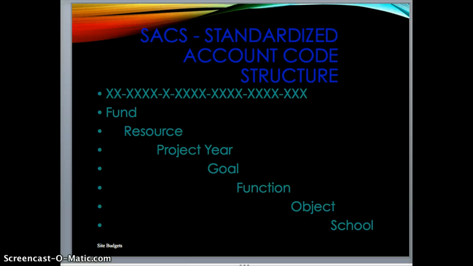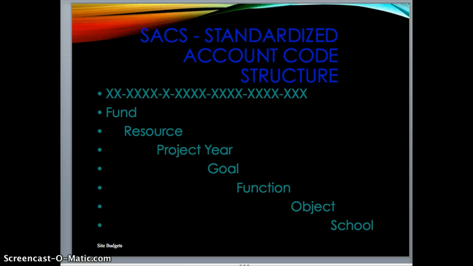What I will say to you, each of these components, fund, resource, project year, goal, function, object, and school, several of them can be expanded. So you'll note in some of your examples, I also gave you an example from Capistrano because it looks a little different, just to give you a flavor of the flexibility that districts are allowed. But basically, these are the primary components that every school district account number has to have.